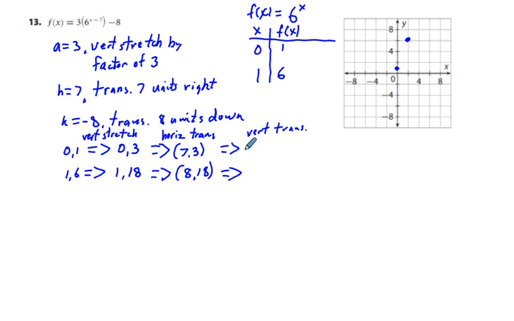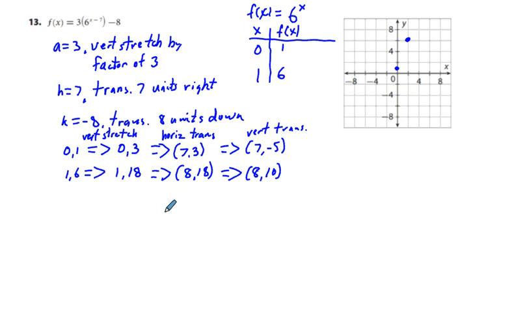So we're going to take 7, 3, and 3 minus 8 is going to be -5. And now for this last one, 8, 18 becomes 8, 18 minus 8, so that's going to be 10.